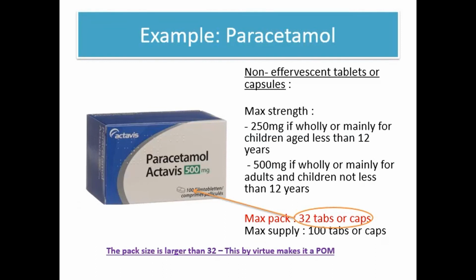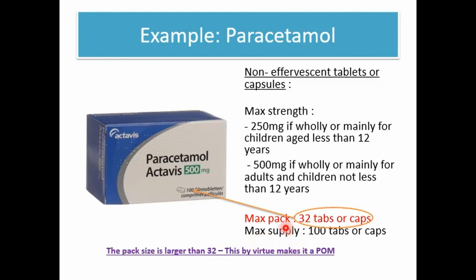So for the P, the maximum pack size was 32 tablets. Maximum supply is 100. So when you have a product that, for example, has a pack size of 100, by virtue of being larger than 32, it makes it a POM.